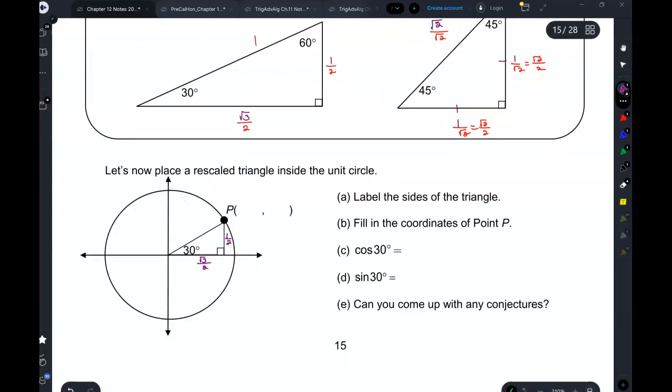So remember, for the 30, 60, 90 triangle now, we only have two sizes left, right? They're dropping like flies, let me tell you. So we have a half and a root 3 over 2, the short one and the long one. So we do this here.